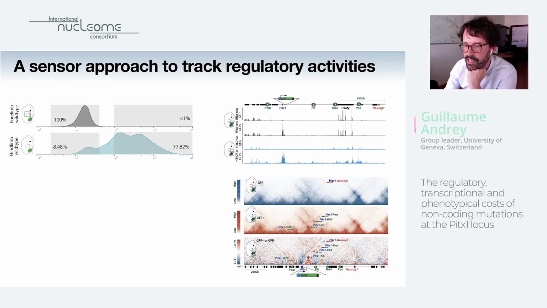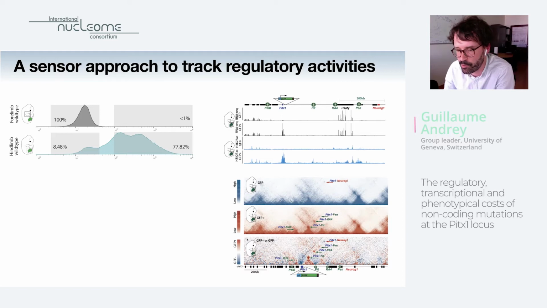The first difference is that in the repressed GFP negative cells, we have this interaction between Pitx1, which is right here, and a gene that is located 300 kb away that is also repressed, that is Neurog1. And in the active cells, we have a completely different structure where Pitx1 is establishing contact with all of its enhancers, whether it is the Pen enhancer that we are studying, RA4 or another one.